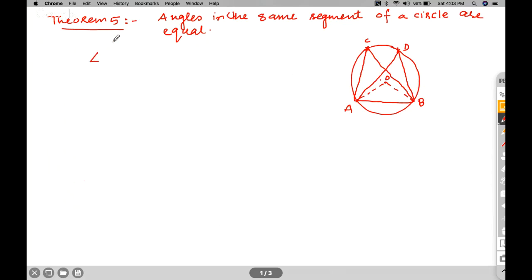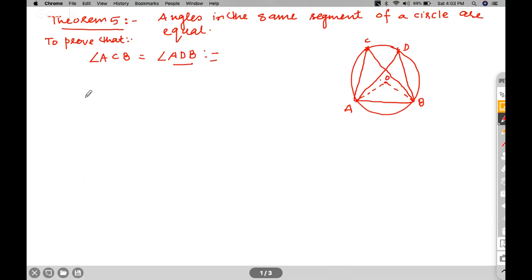So to prove that angle ACB is equal to angle ADB, this I have to prove.